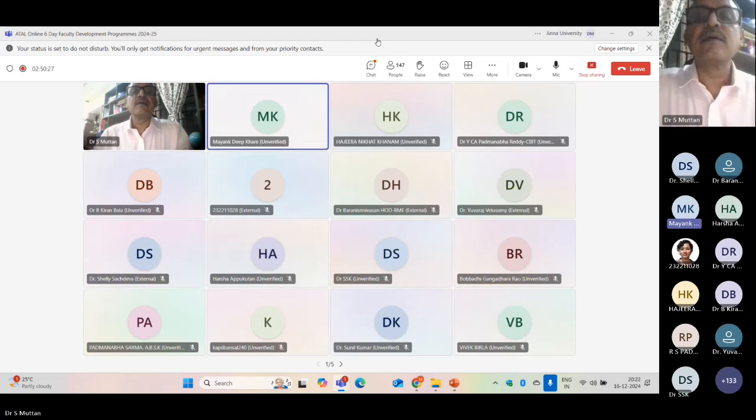Stop sharing and share it again, including audio. Okay, I'll stop sharing and go back to sharing. Include audio. Yes, please check it's on. Now you can go for sharing.